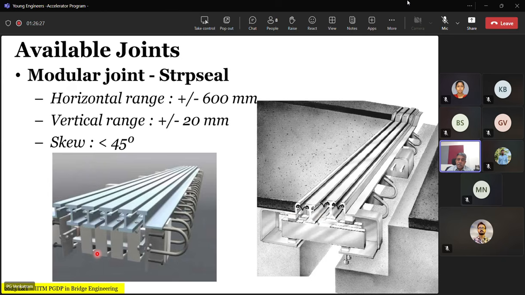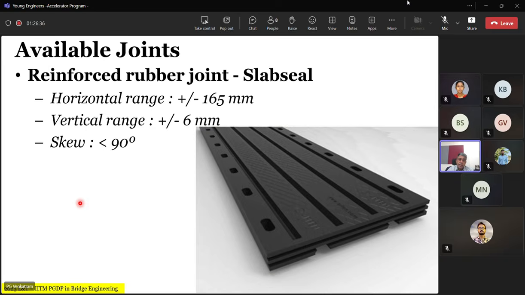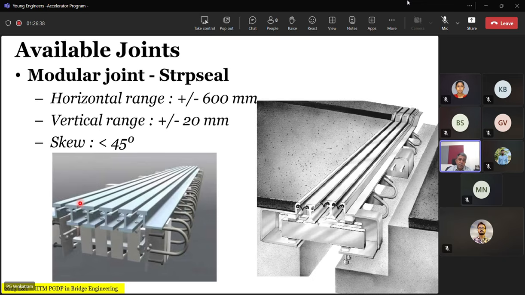So here you have the strip seal, which we saw as a single unit. You install multiple units of it here to accommodate larger movement. Each one is capable of accommodating about 70 to 80 millimeter movement, so that if you have large movements, you just increase the modules. That is why it's called the modular joint.